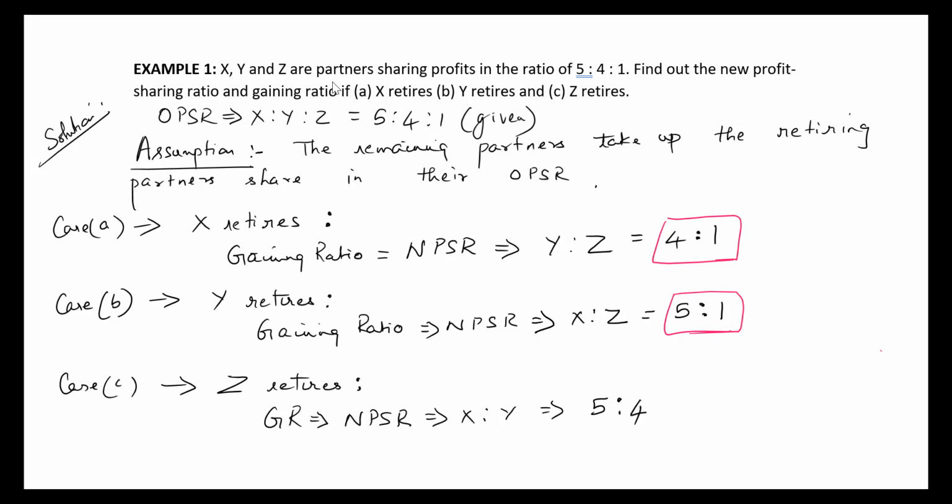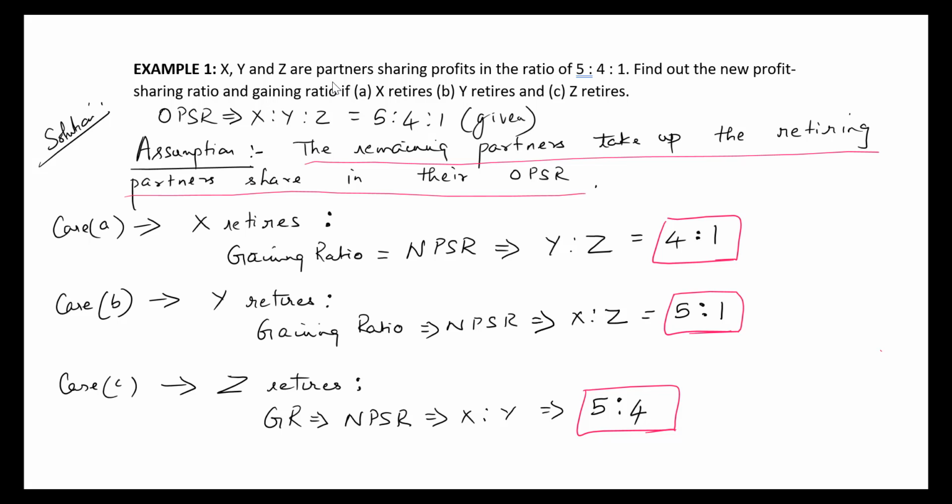And when Z retires, the gaining ratio as well as the new profit sharing ratio between X and Y, the continuing partners, is equal to 5:4. These answers we get because of the assumption that unless otherwise agreed, the remaining partners take up the retiring partner's share in their old profit sharing ratio.